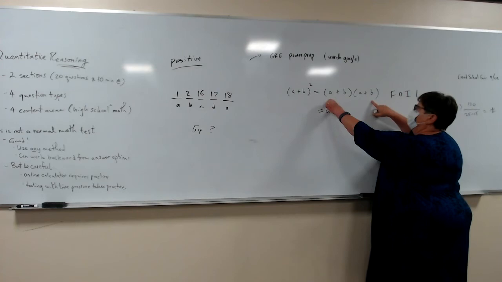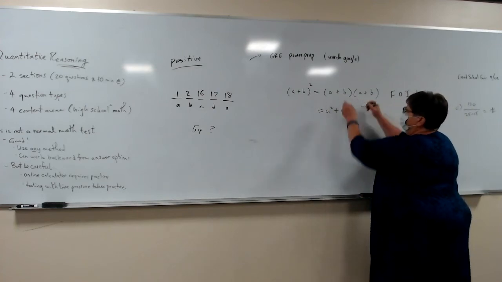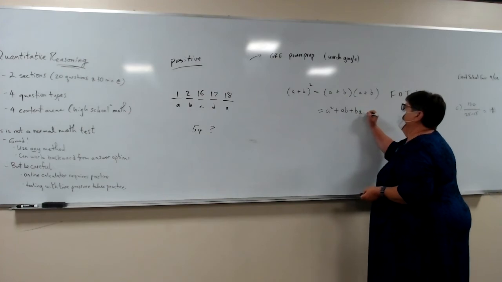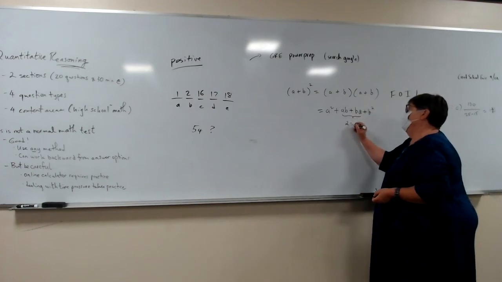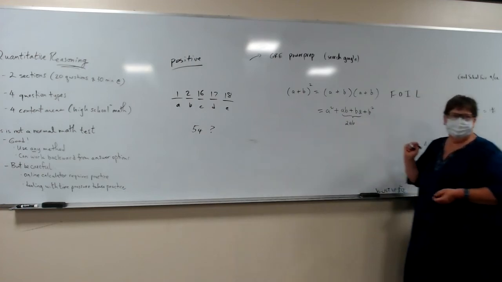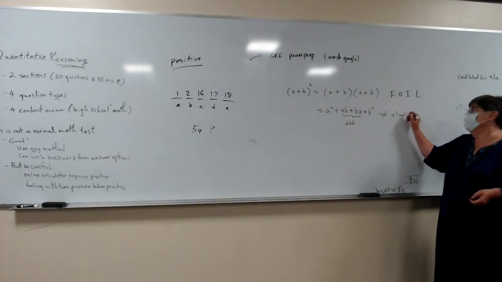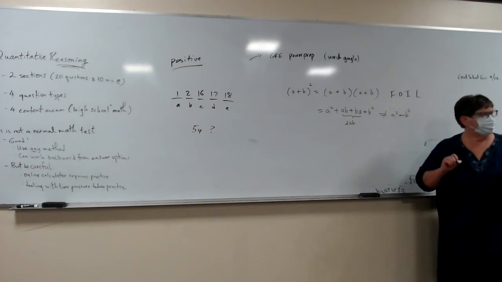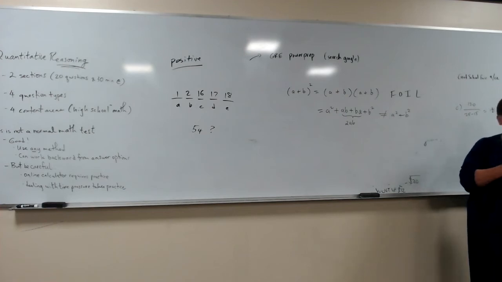Outer times outer gives you your AB. Inner times inner is BA. Last times last is B squared. This is 2AB. This is not the same as a squared plus b squared. There's that pesky middle term that comes from combining the AB and the BA.